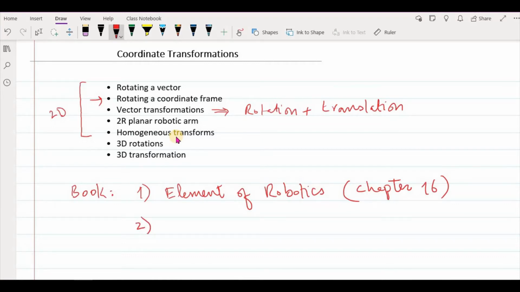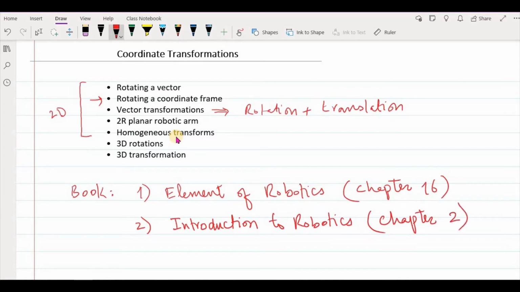The second book is Introduction to Robotics, and the chapter is 2. So these two books and these two chapters you can further use to study about these topics in detail. And also there are a lot of examples which I cannot cover in this lecture, but if you are interested you can solve more examples and problems from these two chapters.